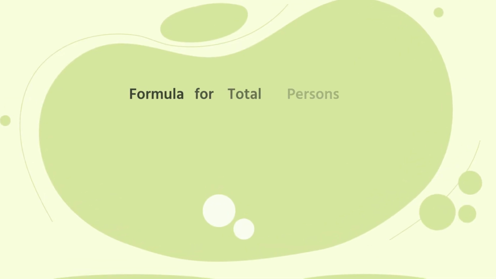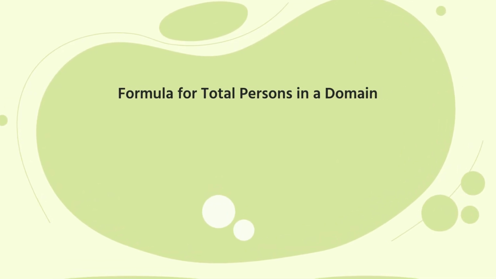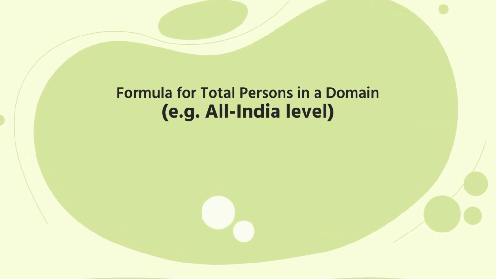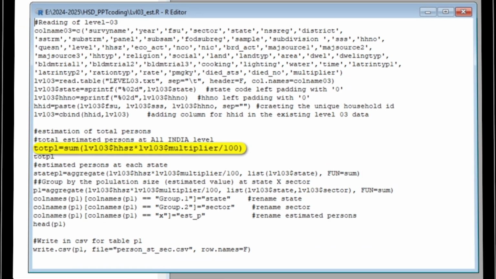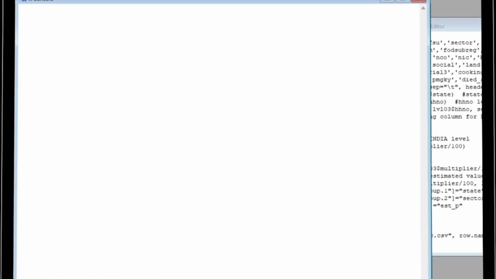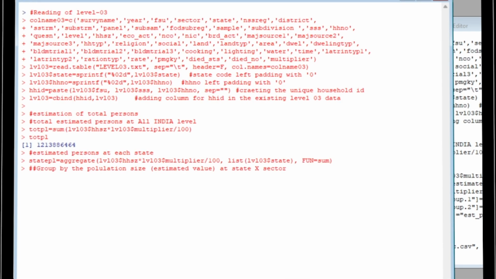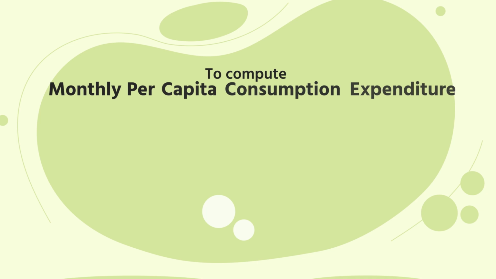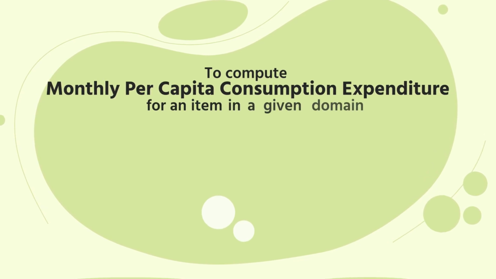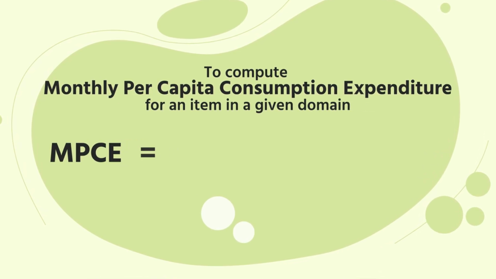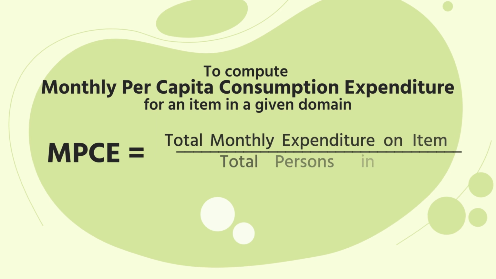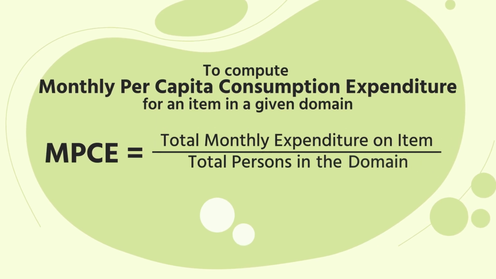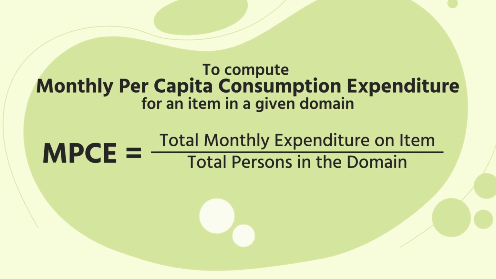Formula for total persons in a domain, for example at all India level: Total persons is equal to sum of household size into multiplier by 100. To compute monthly per capita consumption expenditure, MPCE, for an item in a given domain, MPCE is equal to total monthly expenditure on the item divided by total persons in the domain.